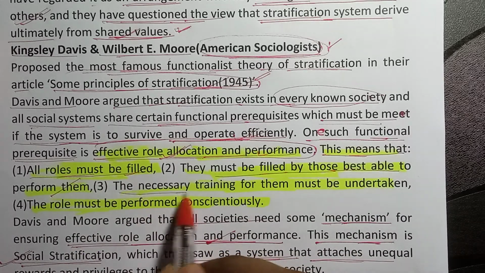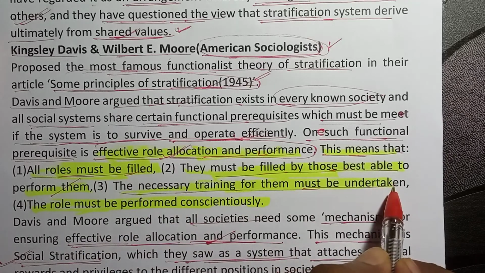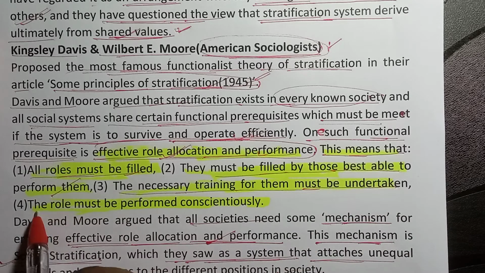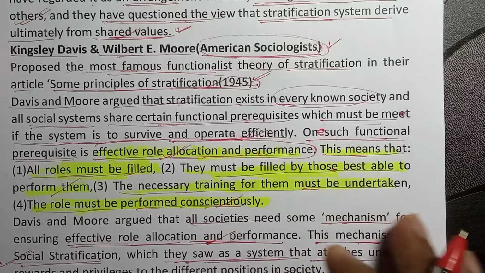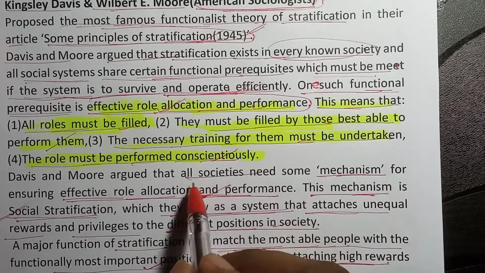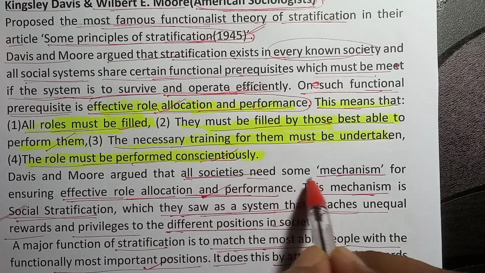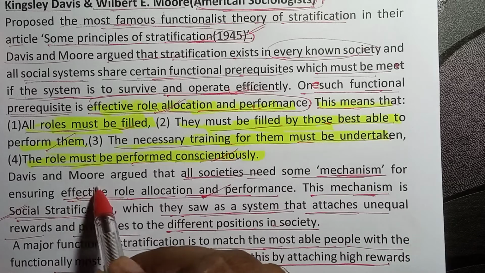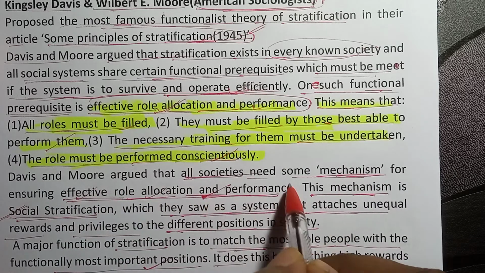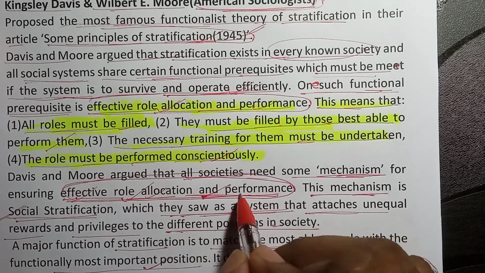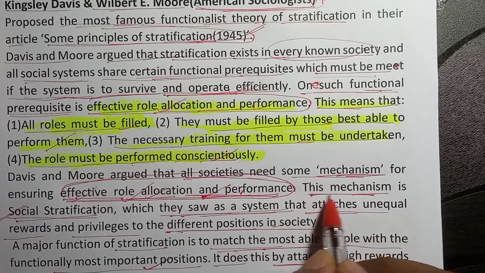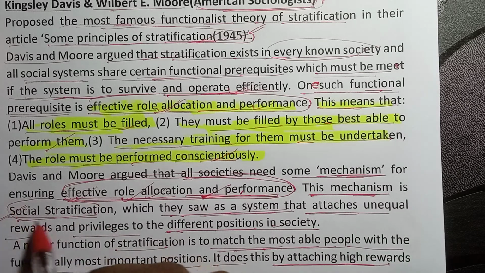The necessary training for them must be undertaken, and the role must be performed conscientiously. Davis and Moore argued that all societies need some mechanism for ensuring effective role allocation and performance. So they are emphasizing effective role allocation and performance. And this mechanism is social stratification.